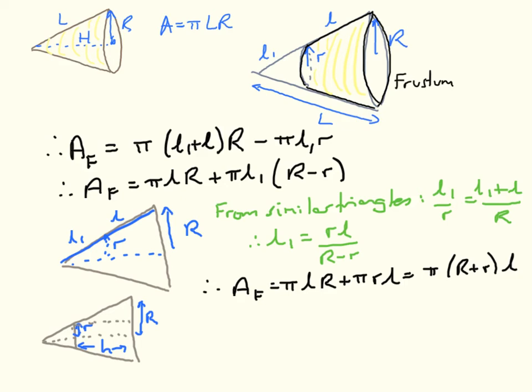It is parallel to this line and has the same length, little h, and we have a right angle triangle here, and this length is little h, and this length here is going to be capital R minus little r, and this distance along the side of our frustum is little l.